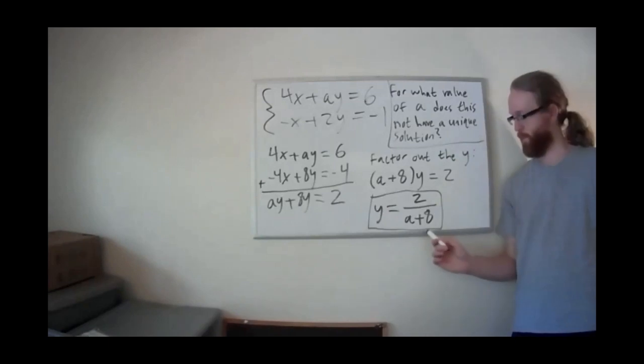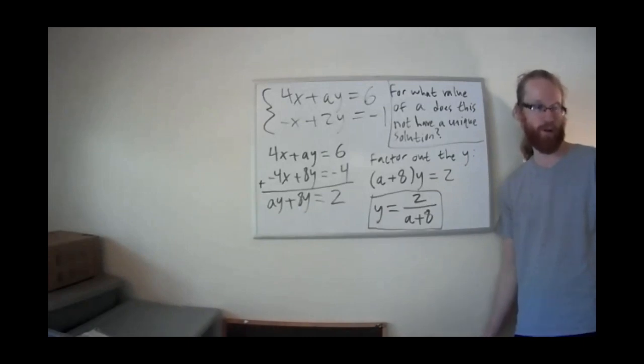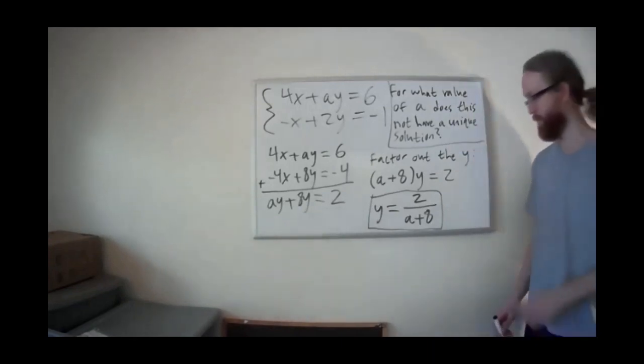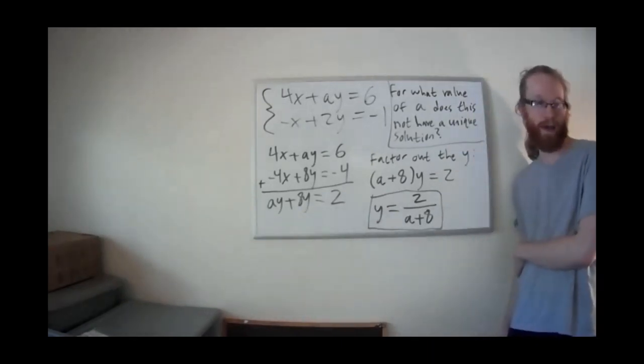So I don't know, can anything weird happen if a took a certain value? Is there any value that a could take over here that would make this bad or weird or something? Anything go wrong? Does anyone want to try and guess? Anyone have any ideas? Any values of a that would make this bad? -8. Yes, exactly. Thank you.